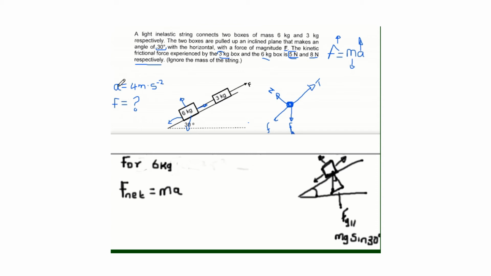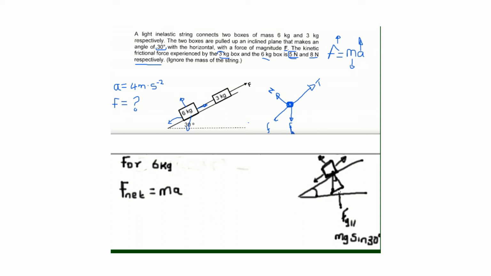Already we are given that acceleration is equal to 4 meters per second, and we are looking for the force that has been applied, and we have to work this separately. So as far as the 6 kilogram box is concerned, we are going to find the forces that are responsible, especially when this 6 kilogram box was moving up the incline.